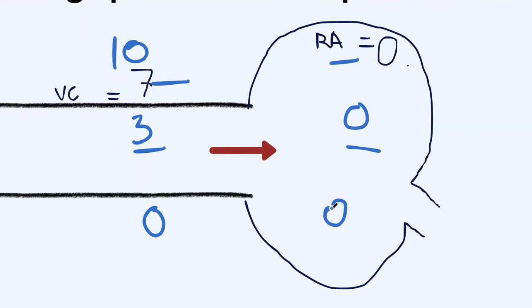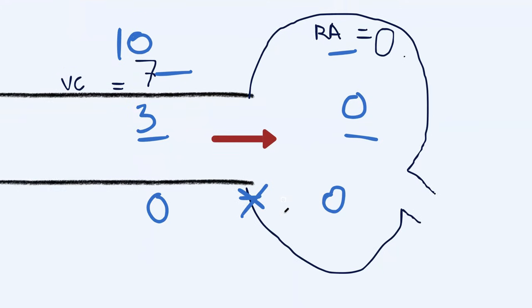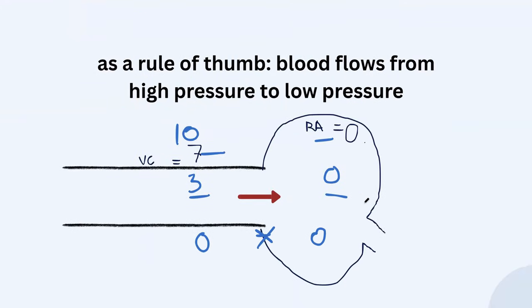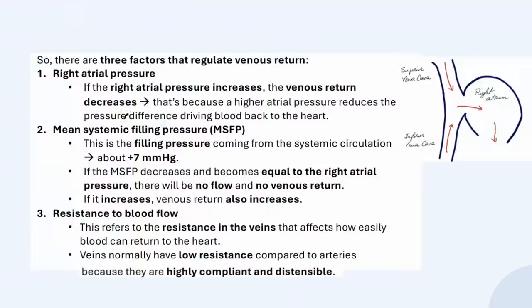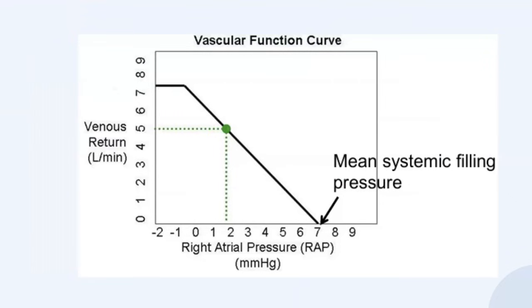They're both the same. What happens? If they're both the same, there's going to be no blood flow at all. So this is very important to remember. Okay, so this is just a written version of venous return. Now, vascular function curve.